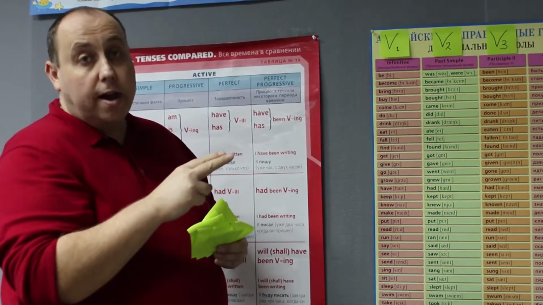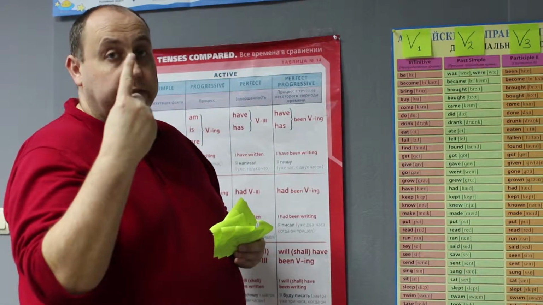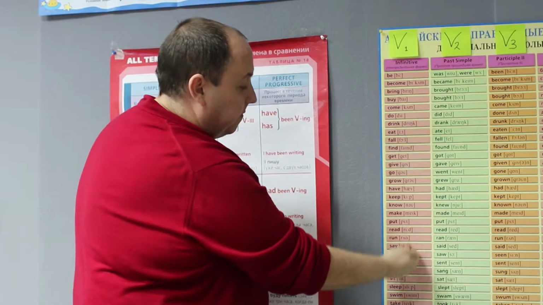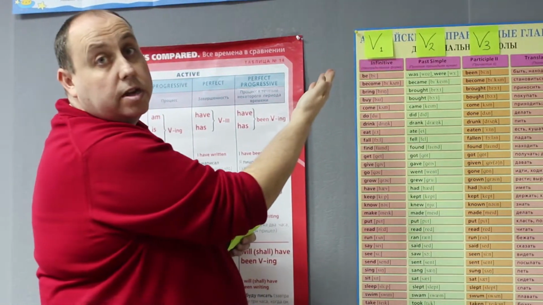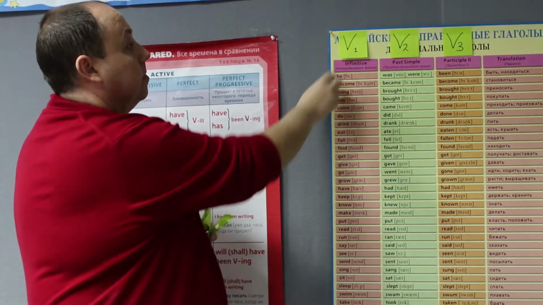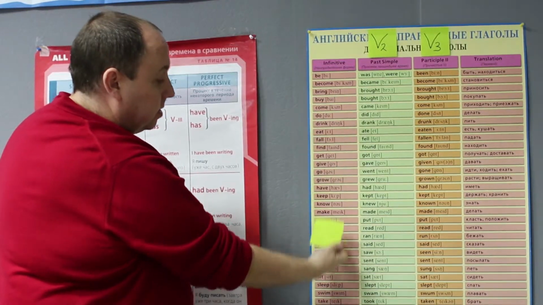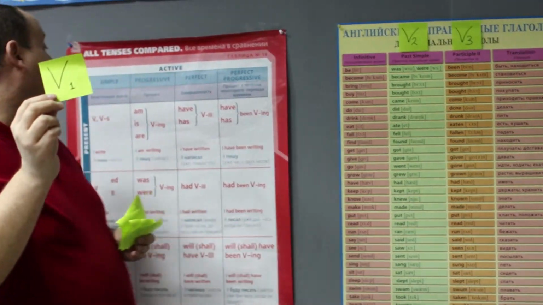However, all you have to understand at this moment is that when I'm referring to the verb in the first form, I'm referring to the infinitive. Here it is, infinitive. Or we just call it the verb in the first form. Okay? So, all of these are what I call the verb in the first form.